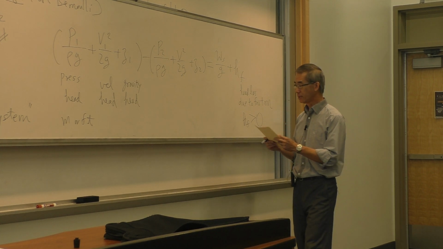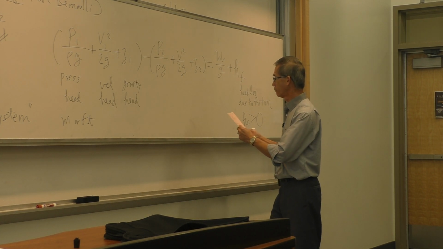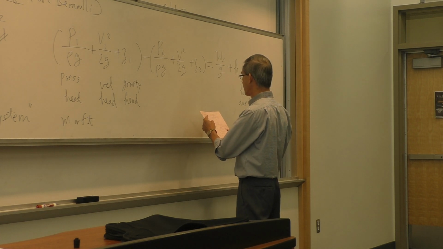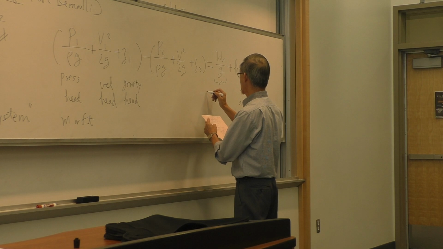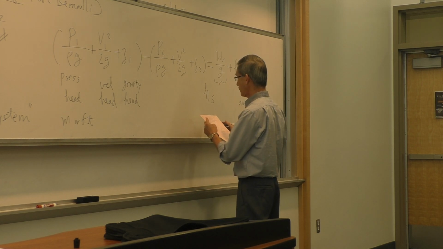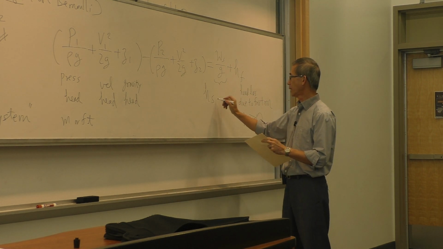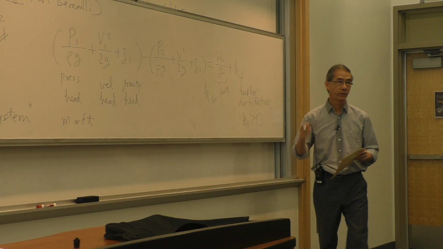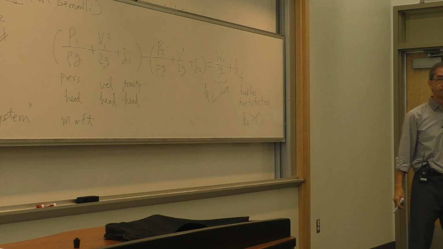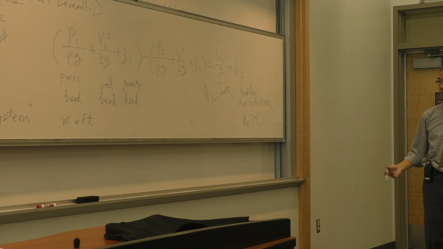This is a very peculiar nomenclature the first time, so let me explain it. This can also be written as H sub S, where the S stands for shaft, something that penetrates into the flow pipe that can add work or take work out.